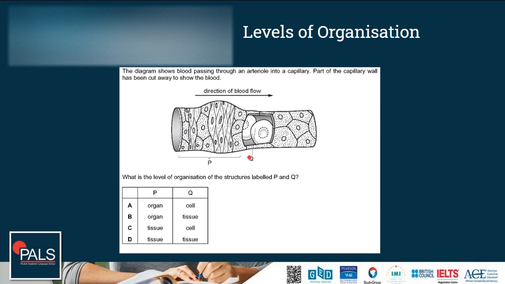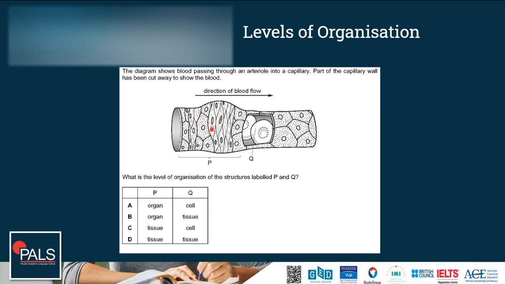Can you tell why? Why is the group of cells that P summarizes not a tissue? The reason for that is because we have two different types of cells here. We have these elongated cells, which we can see here. These represent muscle cells.